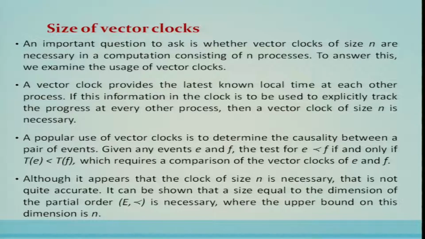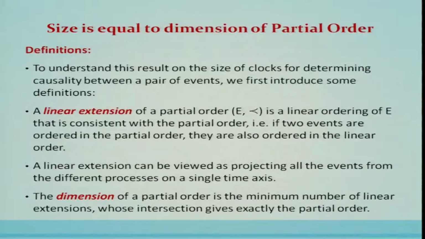It can be shown that a size equal to the dimension of the partial order, that is E and the happened-before relation, is necessary, where the upper bound on this dimension is n, not the size n. So we are going to see the definitions in this regard.